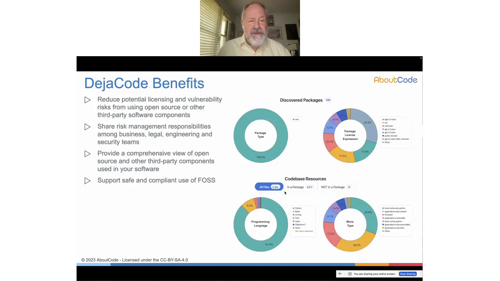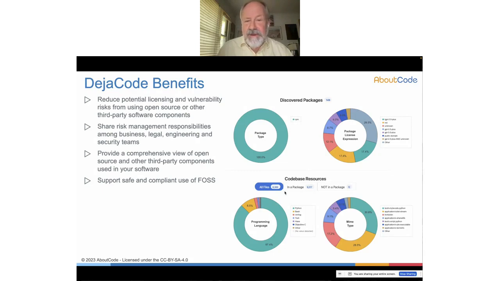What are the benefits? Well, you can keep track of the many, many licenses that you need to know about and how they affect you, and comply with them, and reduce the risk of getting into trouble if you don't do it right. Plus, you want to do the right thing, of course, and DejaCode helps you do that. It provides lots of data.